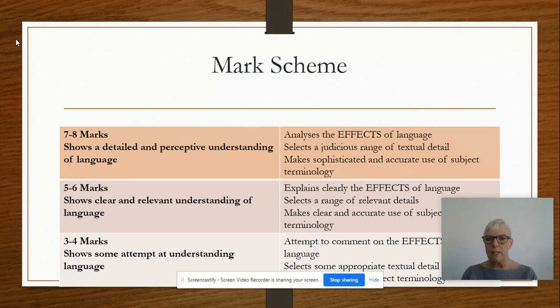So quite often, if you see me or any of your teachers write expand, explain, it means that you've made a comment, but really there's so much more that you could do with the appropriate textual detail that you've chosen to use in your response, and you make some correct subject terminology. You've got to know it, haven't you? So in order to get a grade 4, we need to do some homework on that. If that's you, and you want to know what you need to be doing, you could be revising those things.